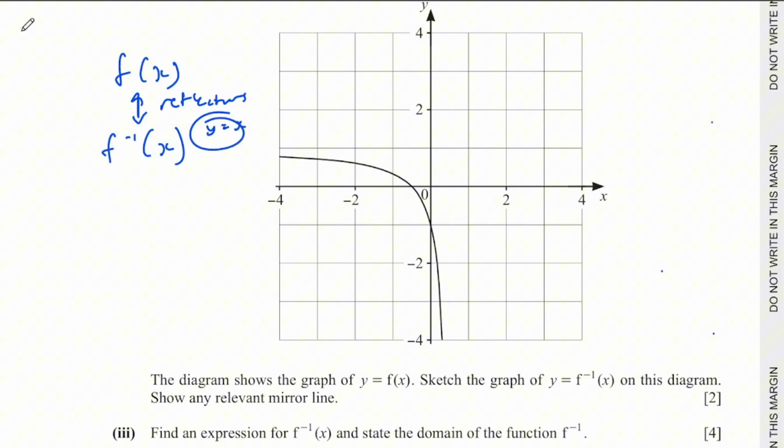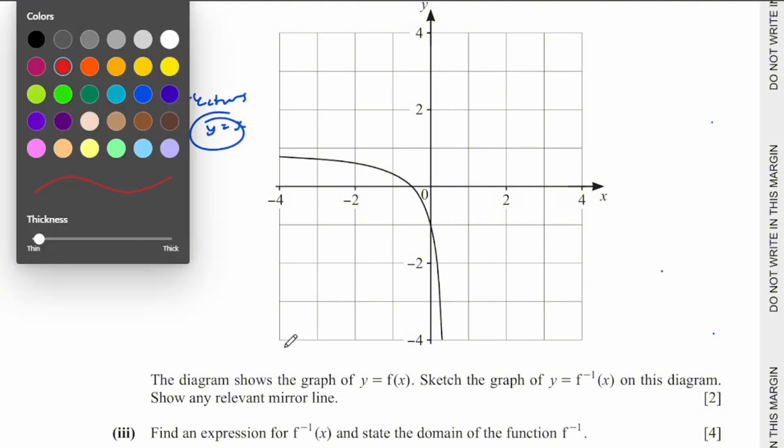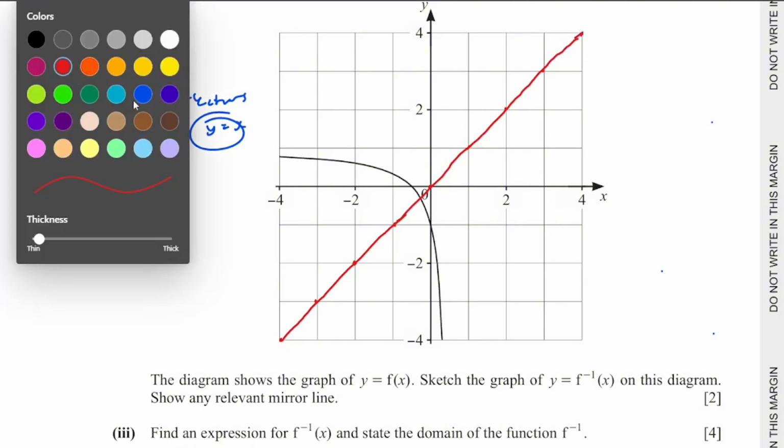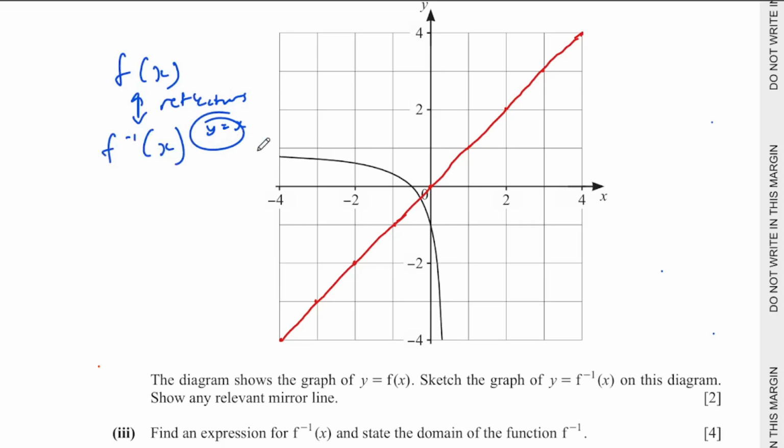And so first we need to draw our mirror line, obviously, and this is going to be the points of our mirror line, because it is y equals x. So when y equals 4, x equals 4, and so on. So let's just draw that right here. Then we can start drawing our points, meaning let's just start off with this one.